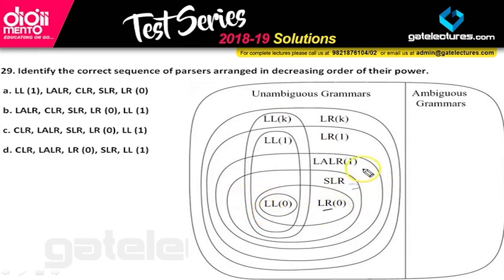Then SLR, LALR, then LR1, and then LRK. But we are not talking about the LRK here, so forget about it. LR1 is also CLR, canonical LR. Okay, so we can see CLR is most powerful, and it is given in 2 options. Then after that we have LALR. Then after that we have SLR. So that creates the difference between these two. Okay, so SLR is more powerful than LR0. So C is the right option here.